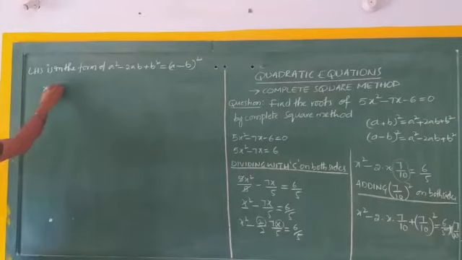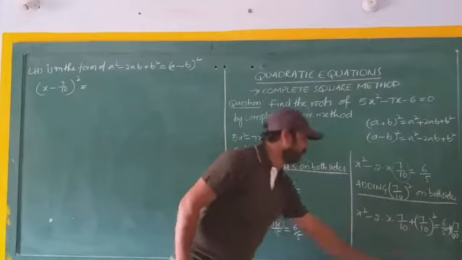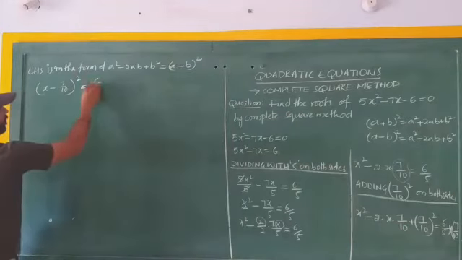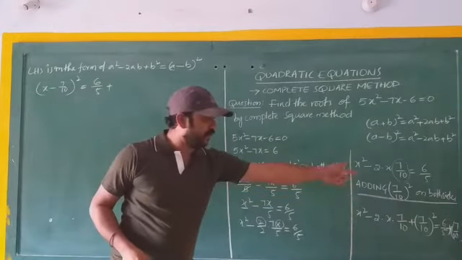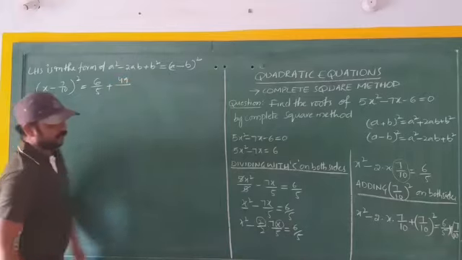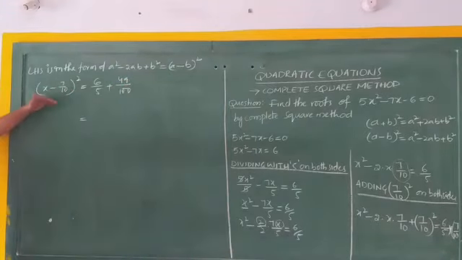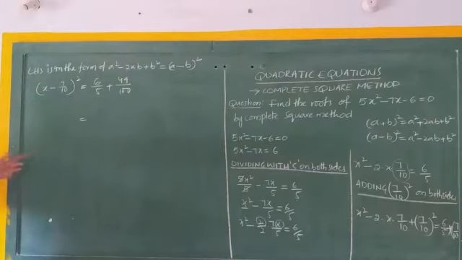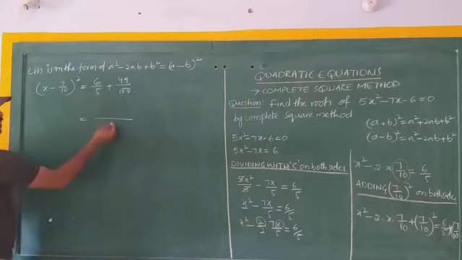Now we get x minus 7 by 10 whole square is equal to, and on the right hand side, 6 by 5 plus 7 by 10 whole square. Square the numerator and denominator: 7 square is 49, 10 square is 100. For a few steps the left hand side will be the same, and the LCM is how much here? 100.